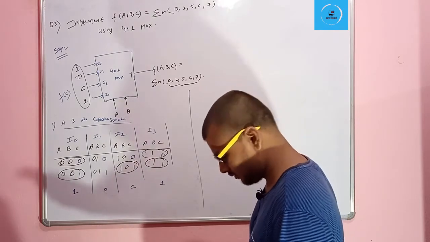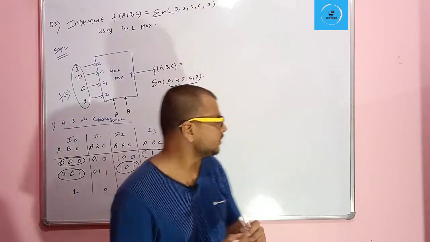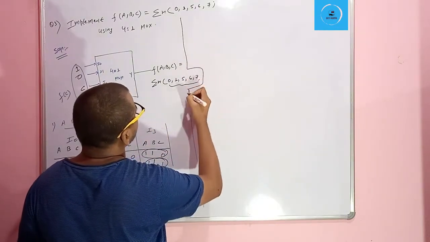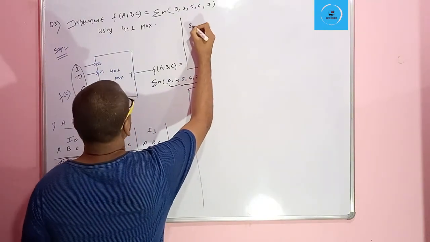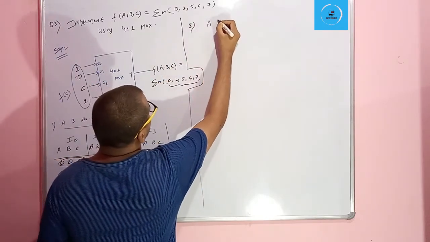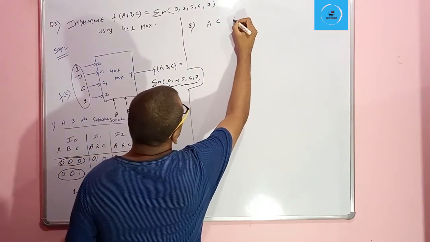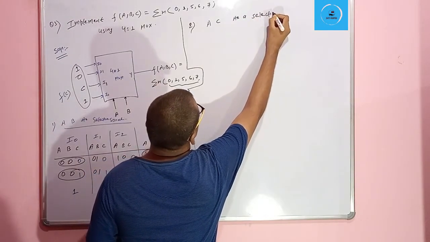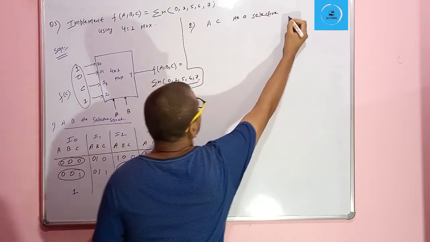Right. Our second condition in this problem, let's take the second condition where we are choosing A and C as the selective lines.